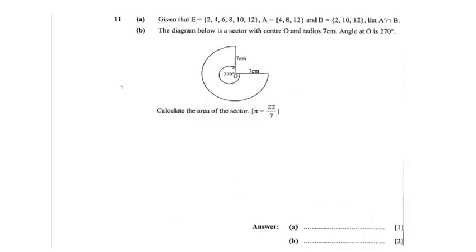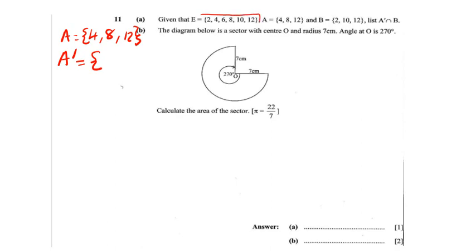So you just say A is equal to 4, 8, 12, like that. They want A complement, which means we don't want elements in A, but the rest we want. So you compare this to the universal set that we have there.